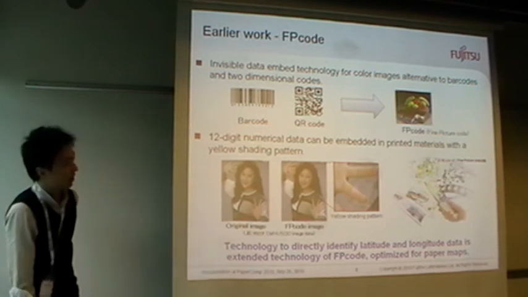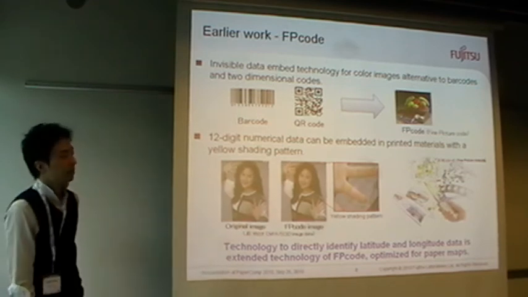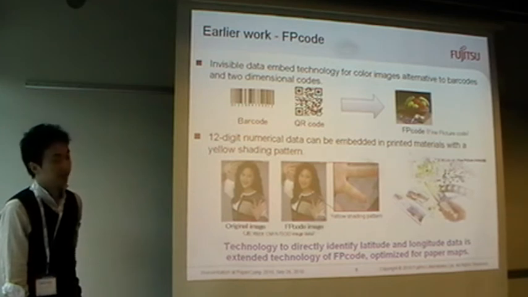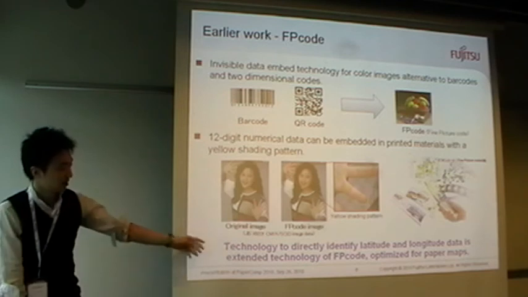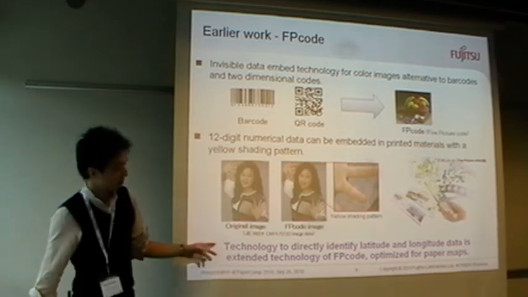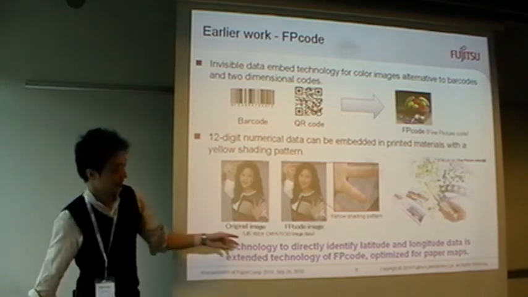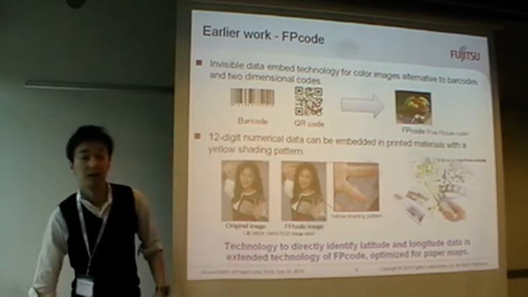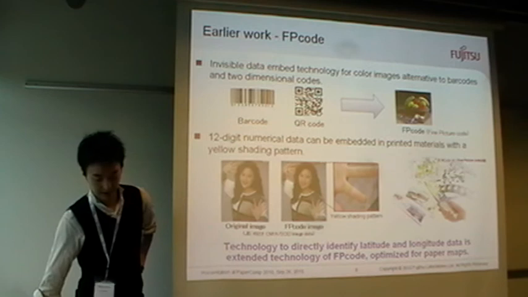We started a commercial service of FP code in Japan in 2006. And the technology I will show you today is an extended technology of FP code optimized for paper maps.